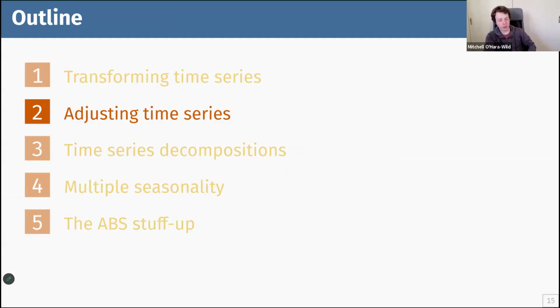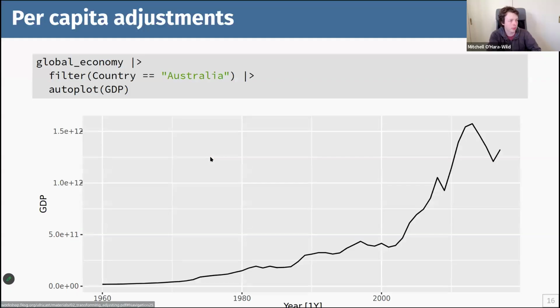So that's the main type of transformation that we like to use for time series analysis and forecasting. But there are a few other different types of transformations I'd like to briefly talk about before we start decomposing a time series. Now, imagine the GDP of Australia, right? I think it's 1.5 trillion per year.